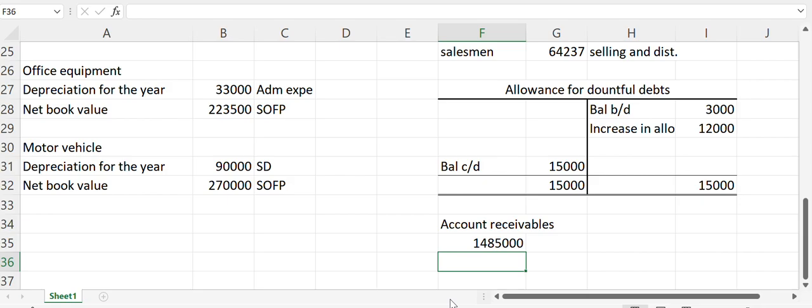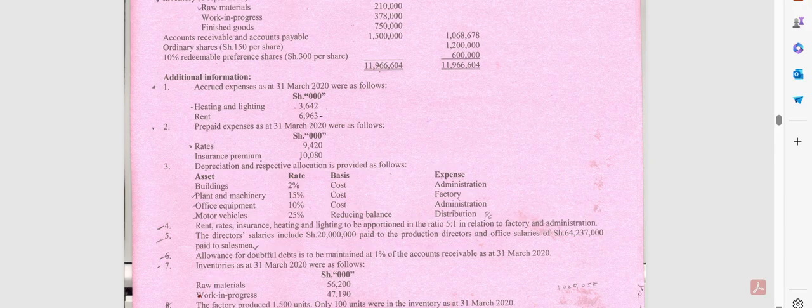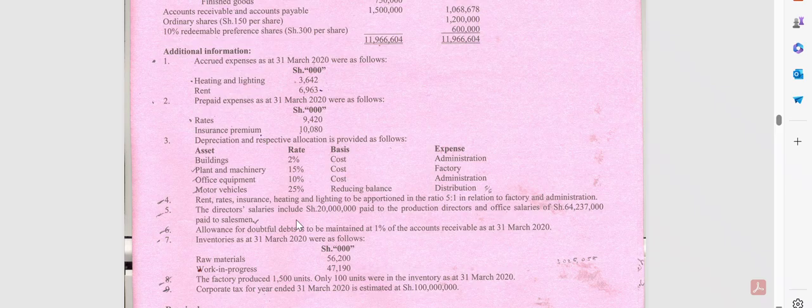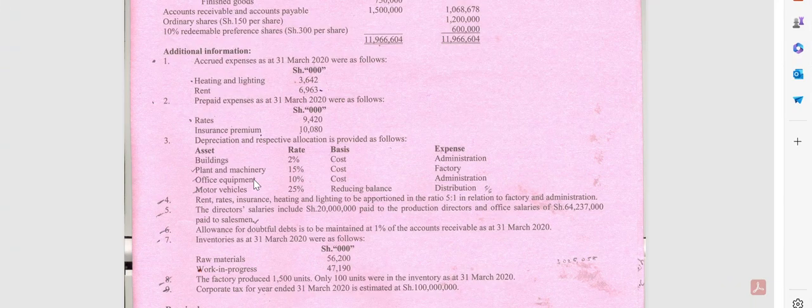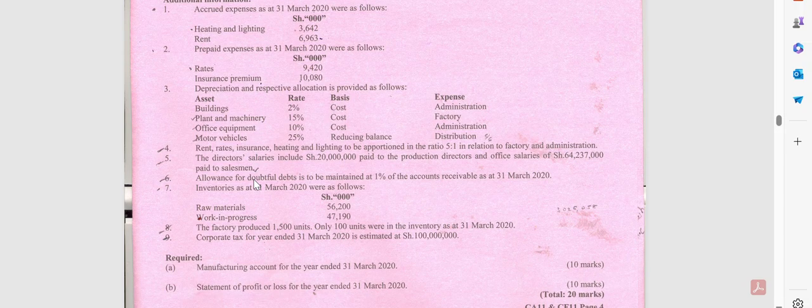If we had bad debts, we could have subtracted the bad debts from the account receivables figure, but I have not seen bad debts anywhere in the additional information. So that's the figure that we are going to record in the statement of financial position, 1,485,000.